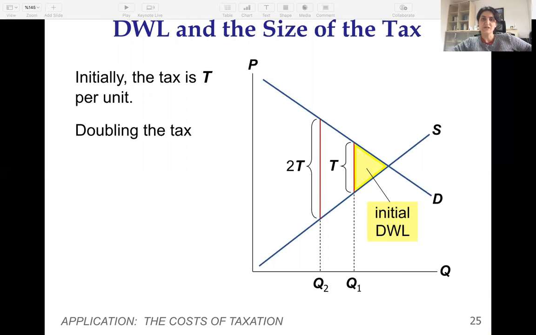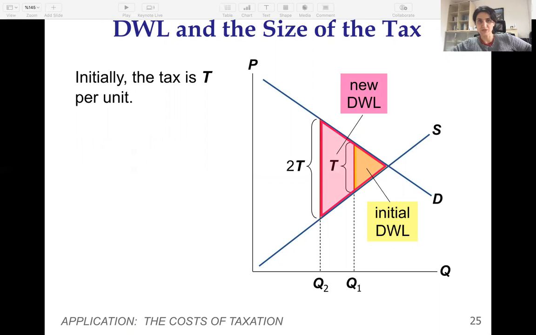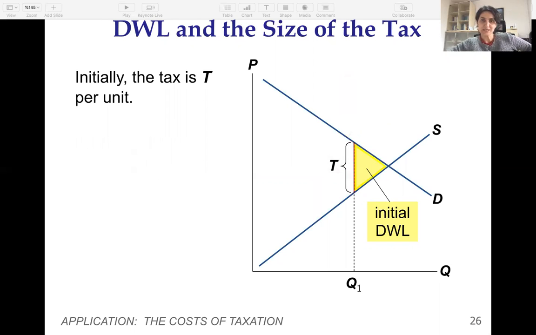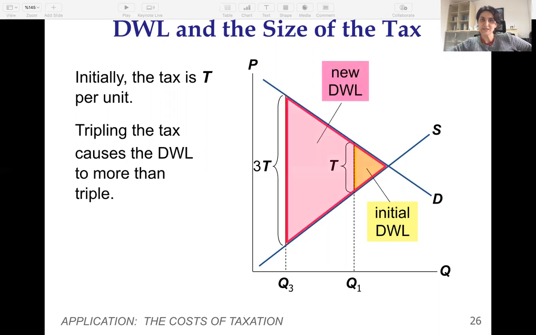So dead weight loss will increase more than twice. This is the new dead weight loss, this larger triangle. This pink area is added to the orange one in terms of dead weight loss. Tripling the tax will cause more than triple.